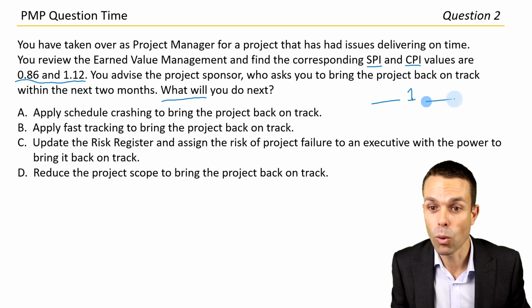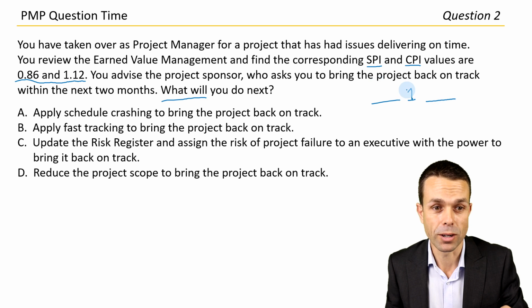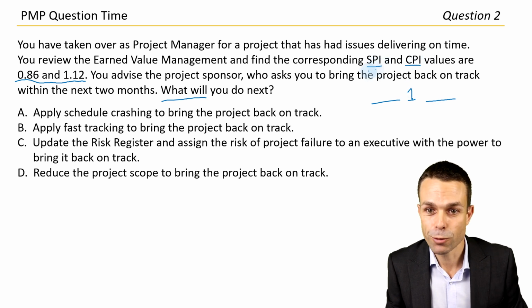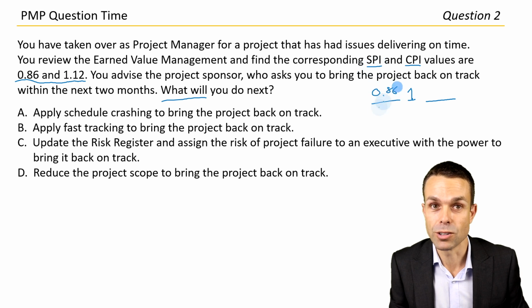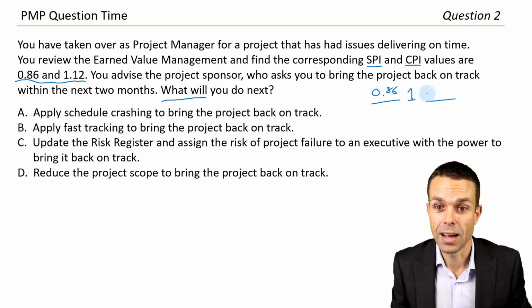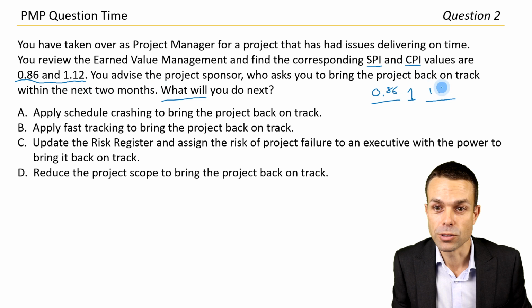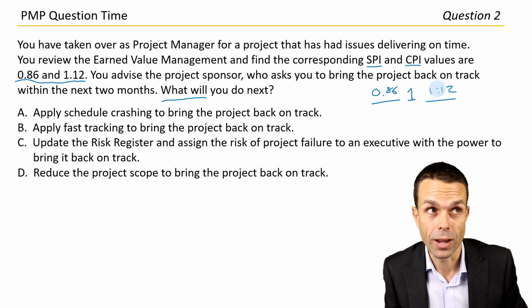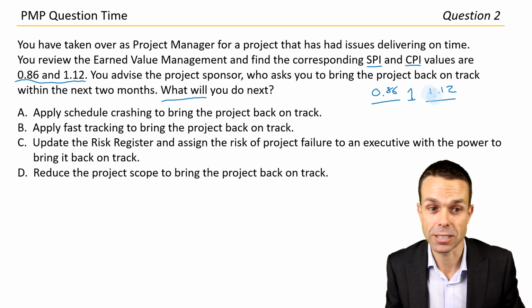If we've delivered more than 1, then we've delivered more than what we could have at that point in time. So schedule performance index is 0.86, and that means we've delivered less than what we should have. We're behind schedule. But the cost performance index is 1.12, and so we've delivered more than what we could have, so we're ahead of our budget, so we're under our budget.